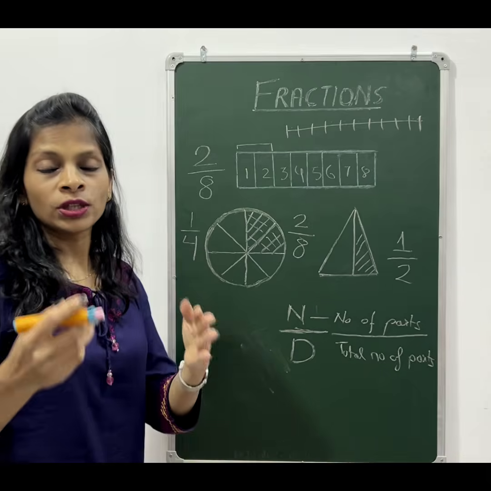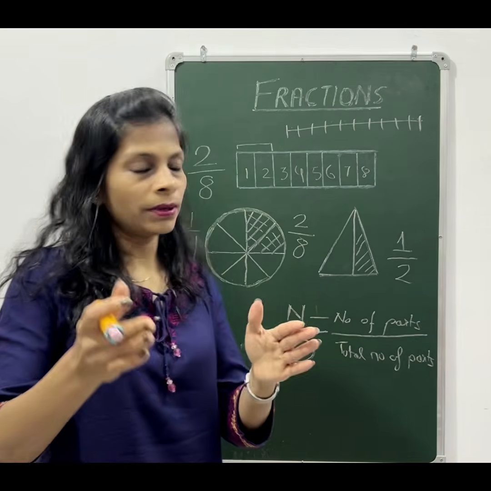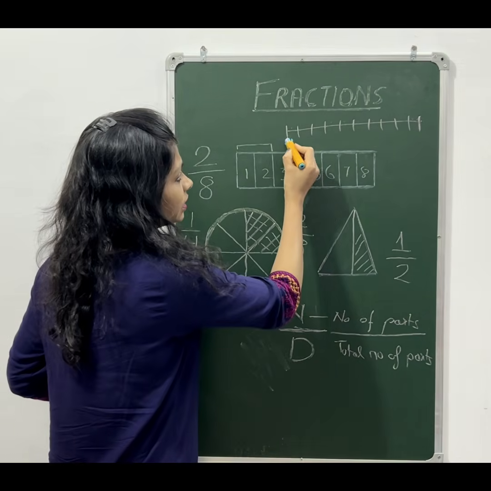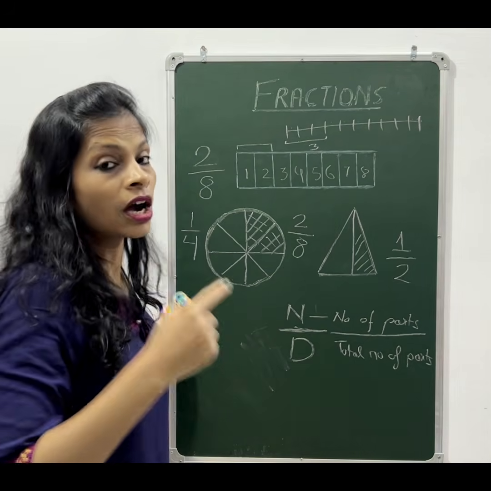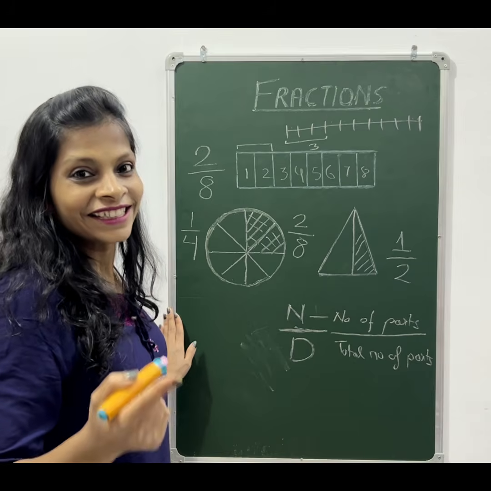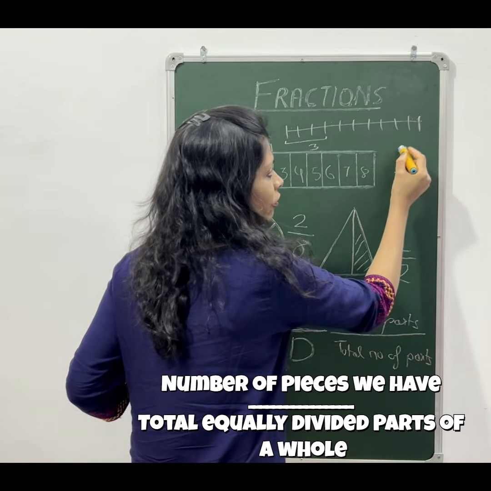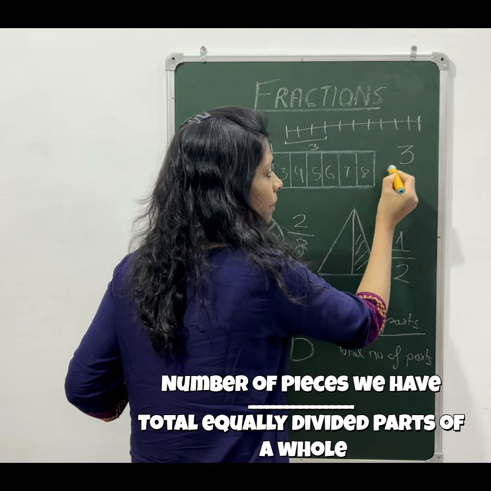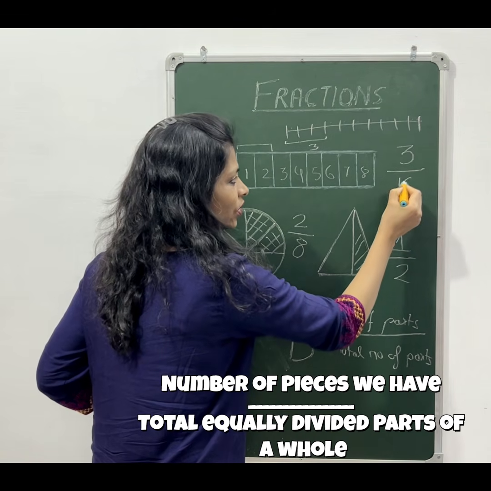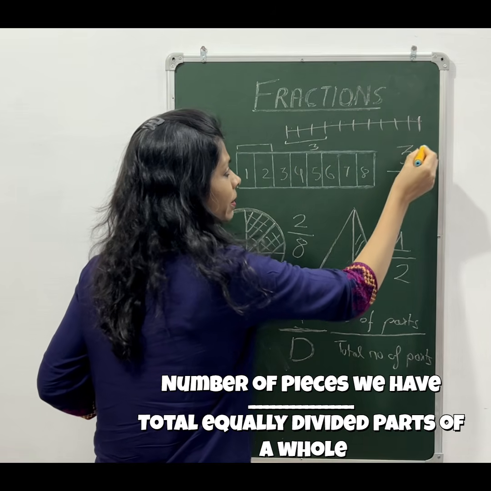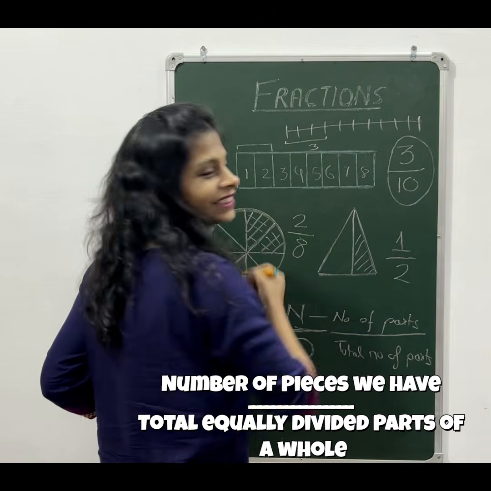So this row was cut into a total of 10 parts, and out of the 10 parts, 3 are being used. I'm using 3 parts. So how do you represent this fraction? Right. The number of parts that are being used upon the total number of parts, which is 10. So these 3 parts would be represented as 3 over 10.